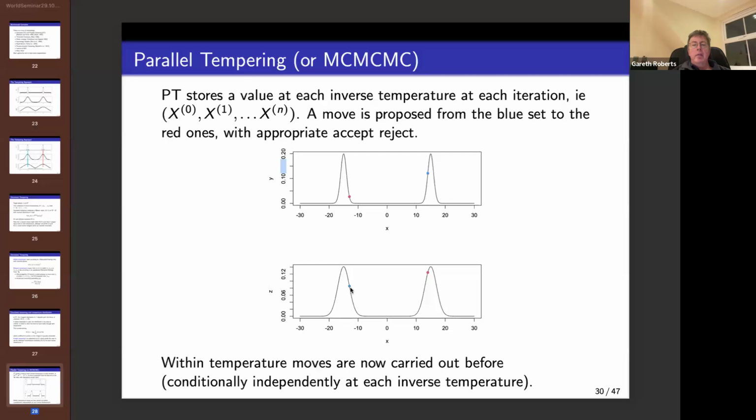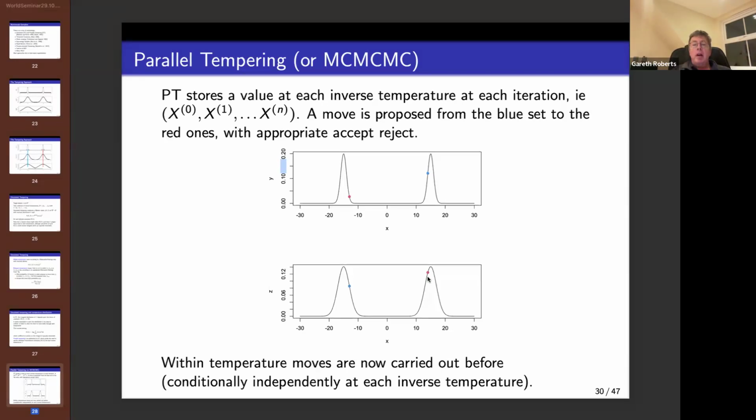And the parallel tempering move would swap them over. So the blue particle would move to here, and this blue particle here would move down to here. This nice idea allows the normalization constant to just cancel, so that whole problem goes away in the parallel tempering world.